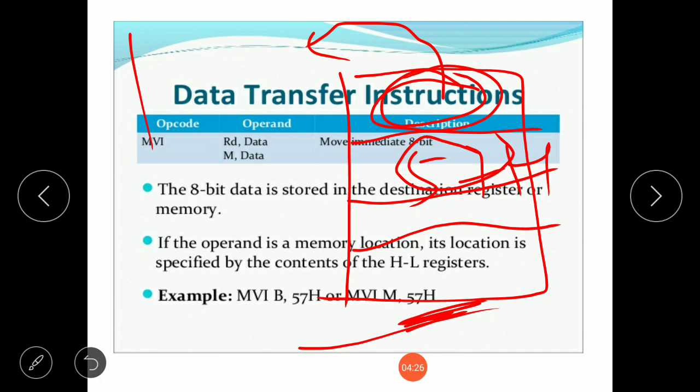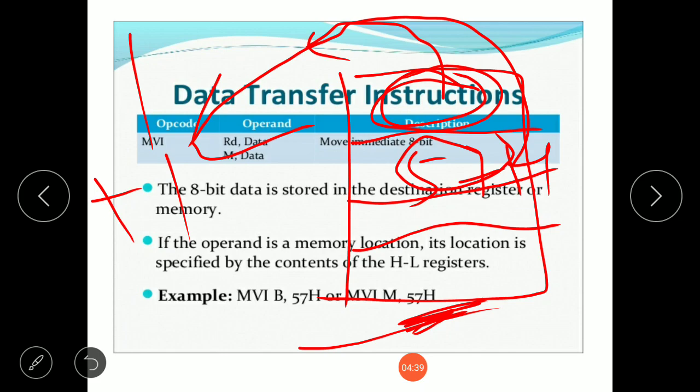Now the second machine cycle will be used for fetching the data which is stored in the memory so that it can store it into the memory location. So the second machine cycle will be used for memory read. First for opcode fetch, for fetching the opcode and decoding it. Second machine cycle will be used for memory read, for reading the data that is mentioned in the instruction.